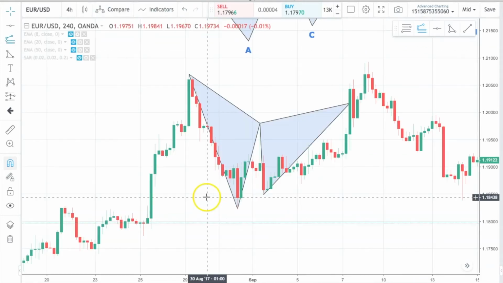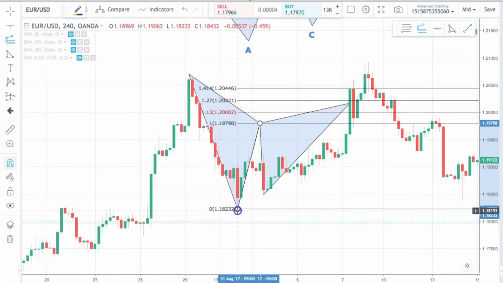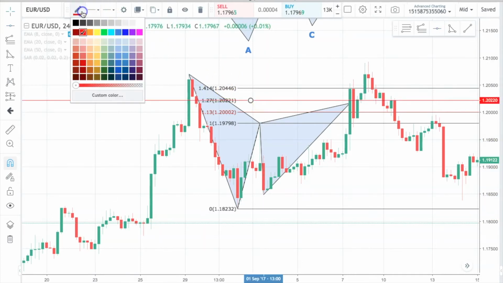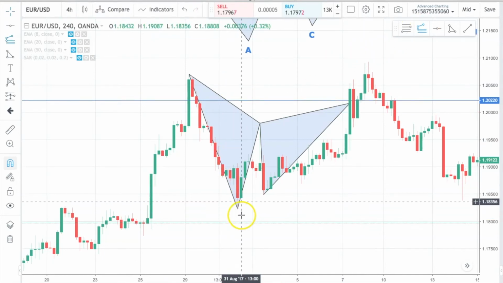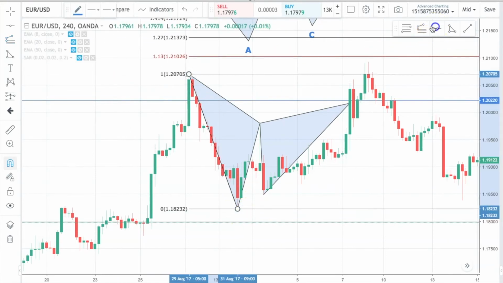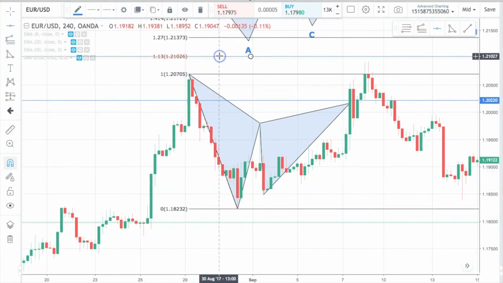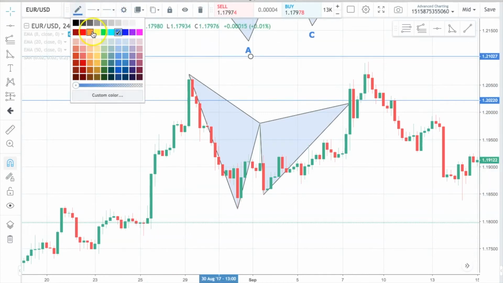For our D completion, we're going to take Fibonacci inversion from A to B, back down in, completes at the 127 extension. That's where we put our limit order in. Stops, say you did a 113 inversion, would go right here. Like I said, you can do an inversion stop, you can do an ATR, whatever floats your boat. For this example, we're going to do a 113 inversion.